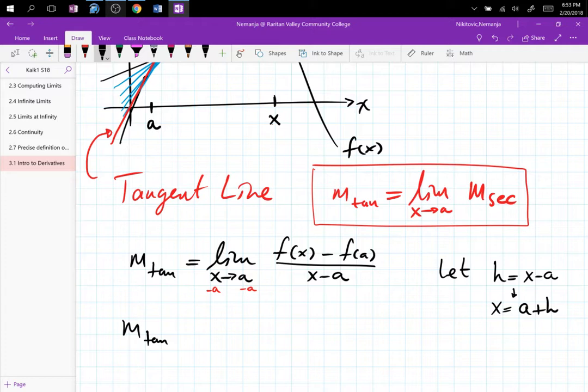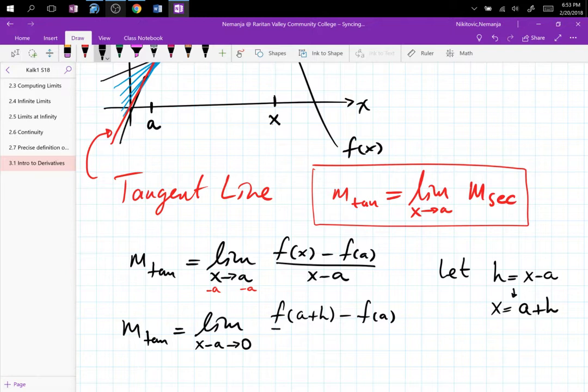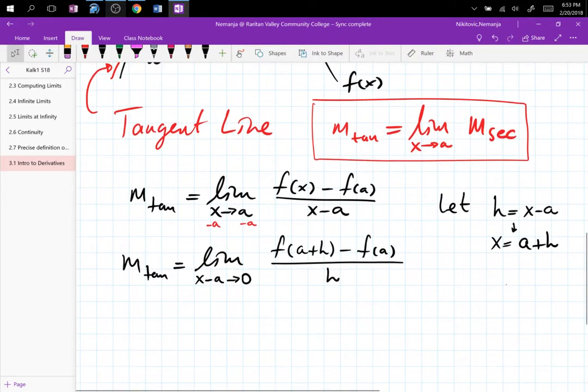We get m tangent is equal to the limit as x minus a goes to 0, right? And then you have your f of, instead of x, a plus h, minus f of a divided by x minus a, which is h. The only thing that is left is to replace x minus a under the limit with h.